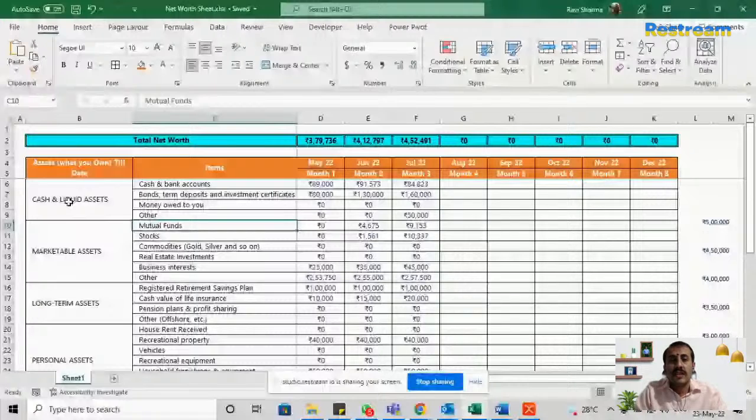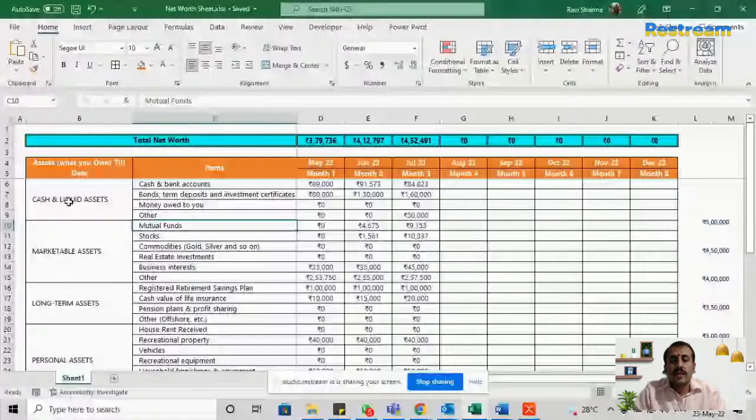If you are able to surrender, you will get the money after some years. And then any pension plans, or any profit sharing of any business, or anything related to profit sharing, right? So these are the long-term assets.